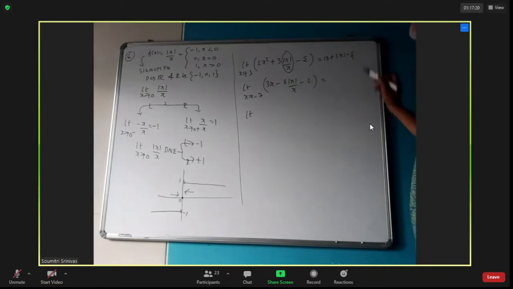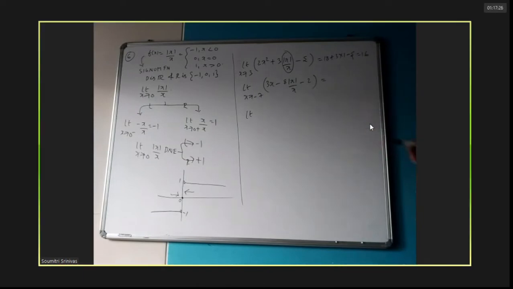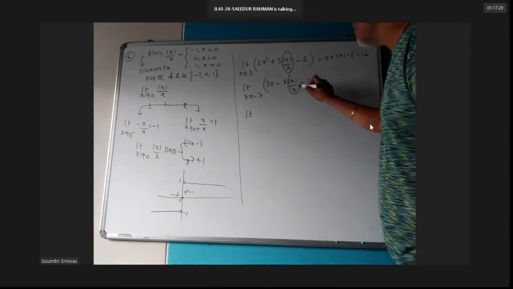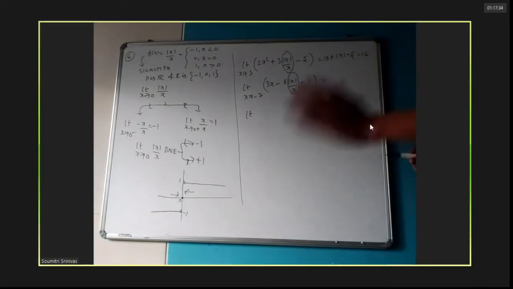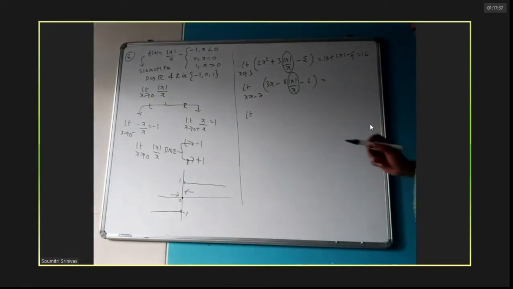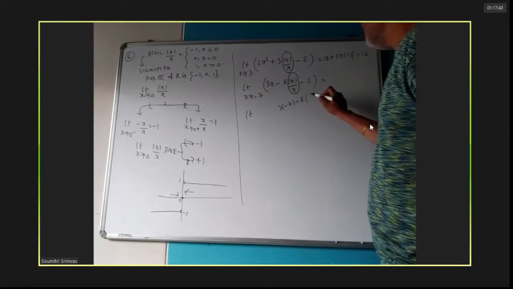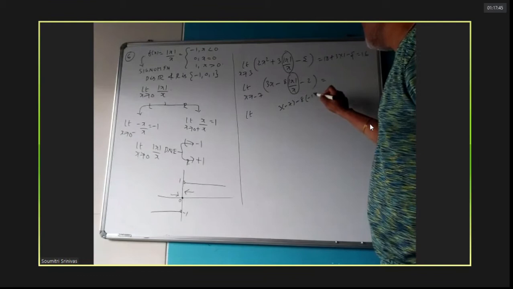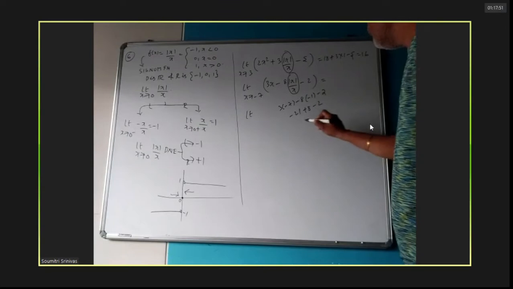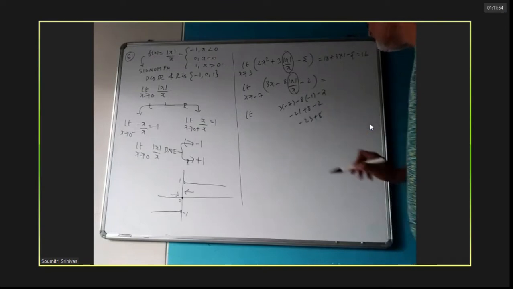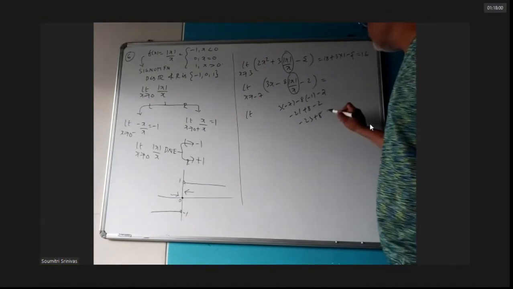So 18 plus 3 is 21, 21 minus 5 is 16. The next contribution is -1. 3 into -1, -3, and -8 into -1 is -2; -21 plus 8 gives -15. How much? -15.